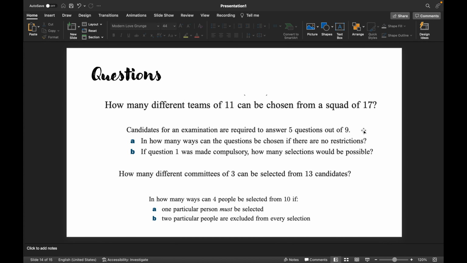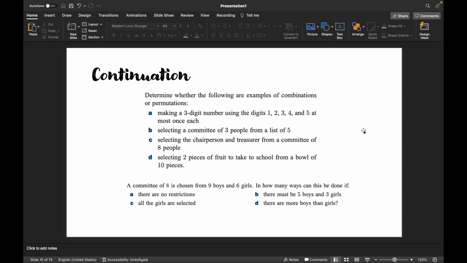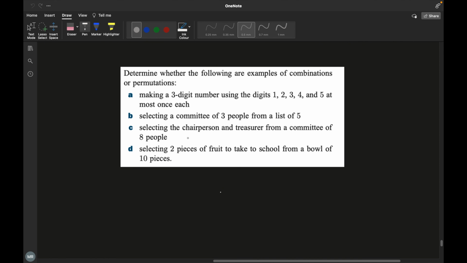Since we're done with these 4, let's move on to the next 2. Determine whether the following are examples of combinations or permutations. Making a 3-digit number using the digits 1, 2, 3, 4, 5 at most once each.